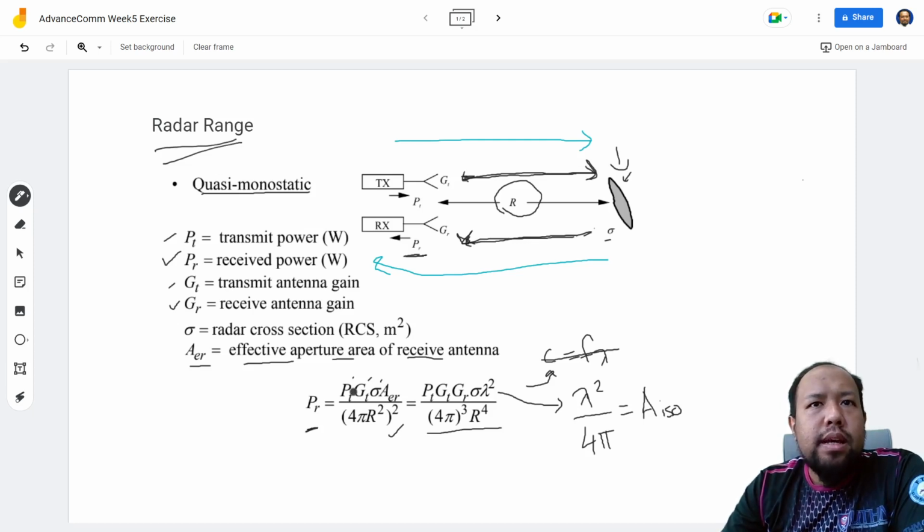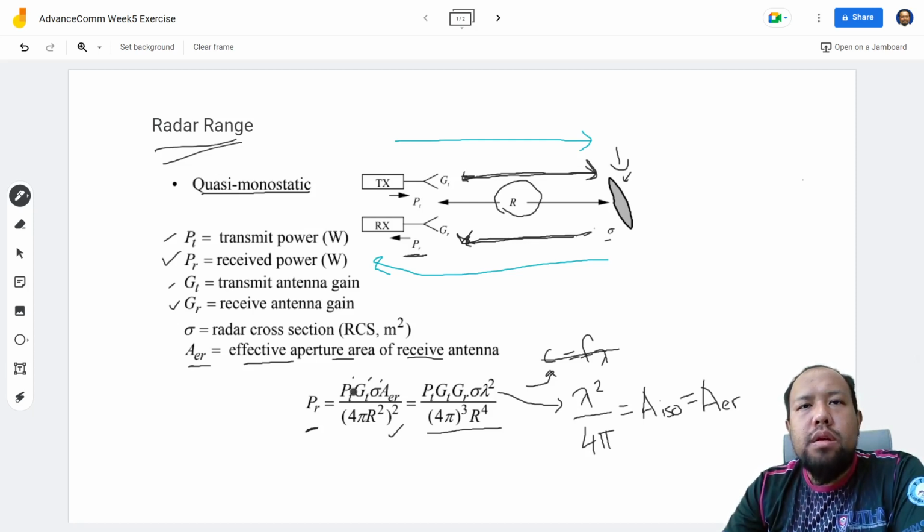Basically, there's an equation that lets us change the AER. Indeed, this applies in the case where the antenna is an isotropic antenna, so we can consider this as AER. You can change the value of AER here like this: PR equals PT GT sigma, and AR is equal to lambda square over 4 pi.